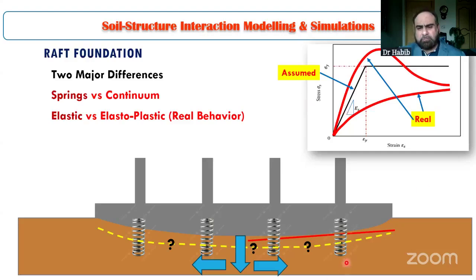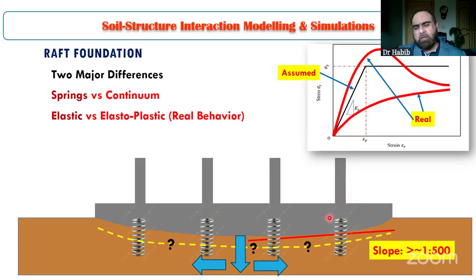We see here when the raft dishes like this, there is definitely a structural distortion. We call it structural distortion, and we have put a limit on it. There are different versions of this limit, but if we have to keep our structure crack free, then we have to respect this structural distortion limit. But what happens if we are assuming like this over here, if you follow my pointer, and the real behavior of soil is like this?